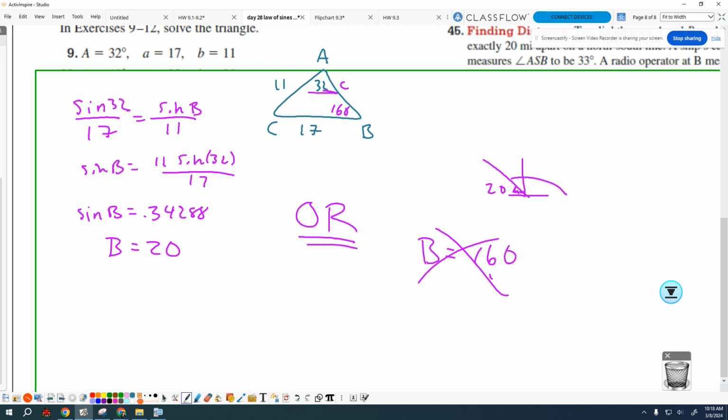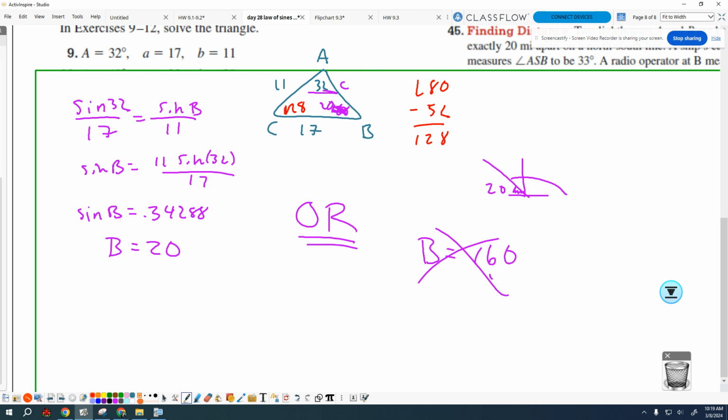Can I finish it? Okay, sure. So this guy's gone and he's an actual 20-degree angle. So how do I get the third angle? Well, you just do 180 minus 32 minus 20, which is 128.